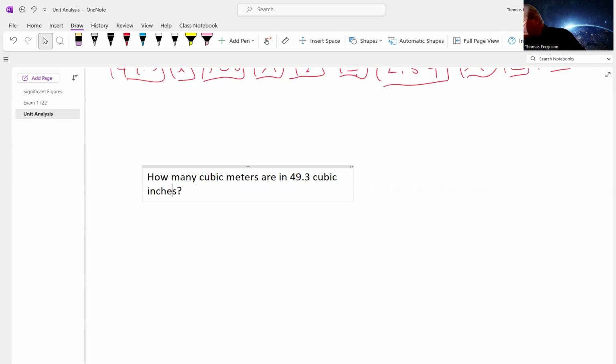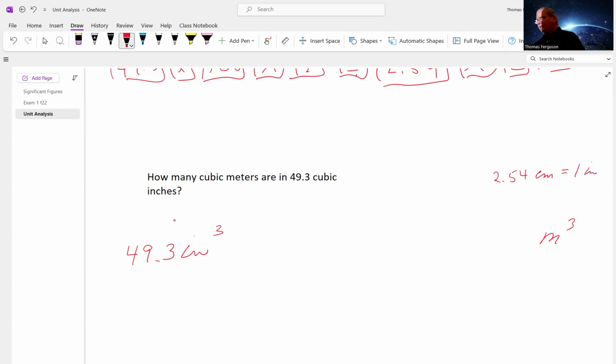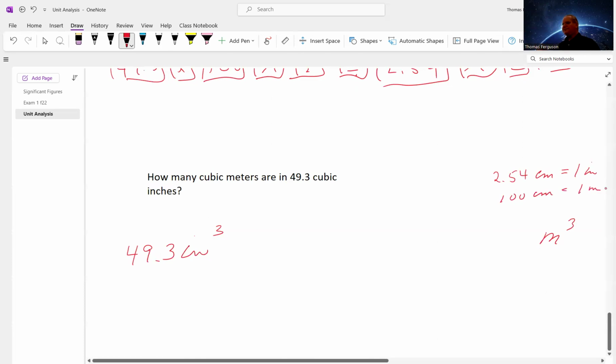Okay, so we're starting with 49.3 cubic inches. We want to end with cubic meters. So remember again, we have 2.54 centimeters per inch. And then we have 100 centimeters per meter.